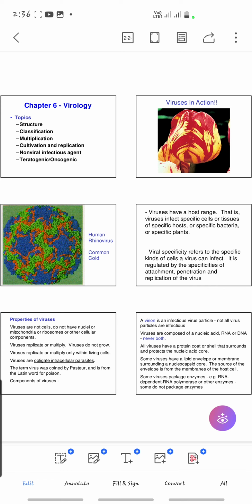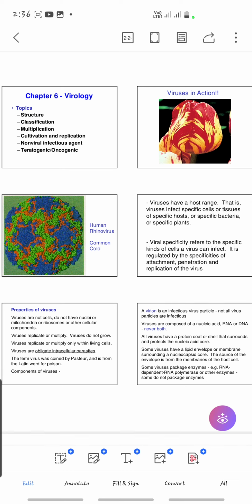As we all know, viruses have a host range. They infect specific cells or tissues of a specific host, specific bacteria, or specific plants. When we say virus, these are microscopic organisms that can infect a host.